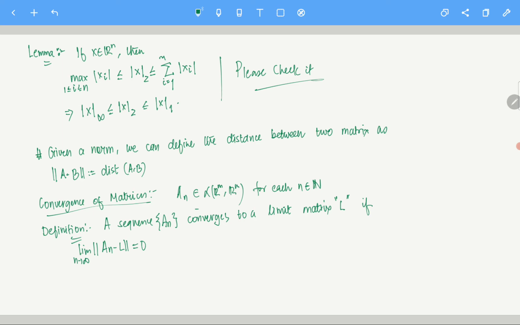Clear? That is the usual definition. So the limit as n tends to infinity of the norm of A_n minus L is 0, or you can also say the distance between A_n and L is going to be 0.